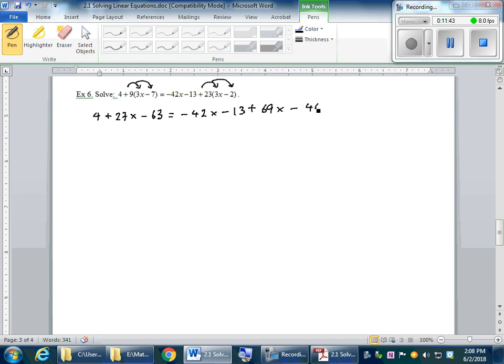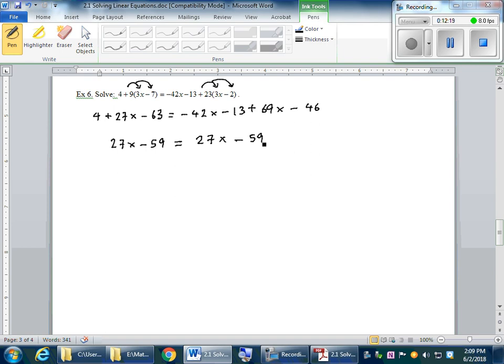Simplify a bit means combining like terms on each side. So that will be 27x. 4 minus 63, that will give me negative 59 equal to, in this case, we know that negative 42 plus 69, that will give us 27x, and then negative 13 minus 46, which gives us negative 59.